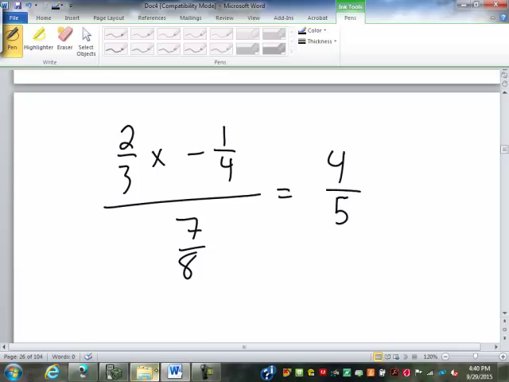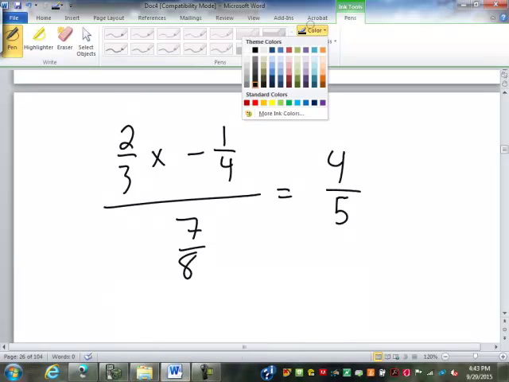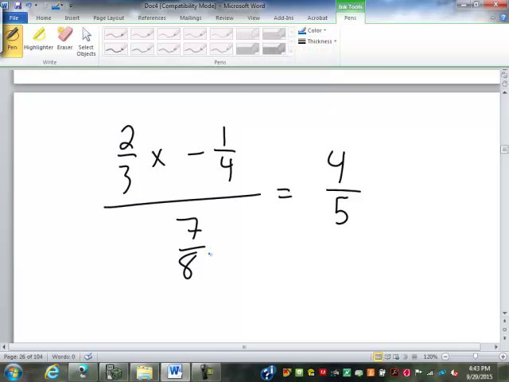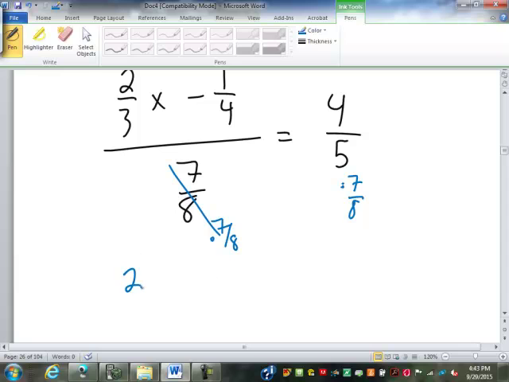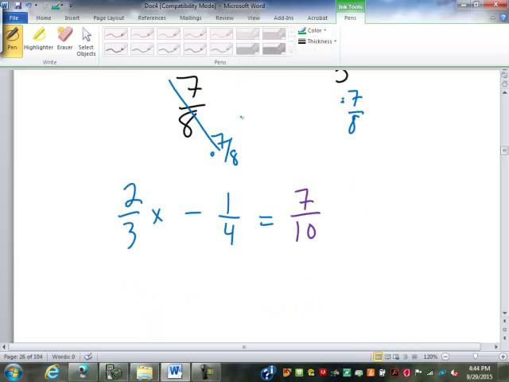Try this one in your notes. Okay, first step is times 7/8. So that's gone. We have 2/3 x minus 1/4 equals, well, 4/5 times 7/8 is 7/10. And then add a 4th.